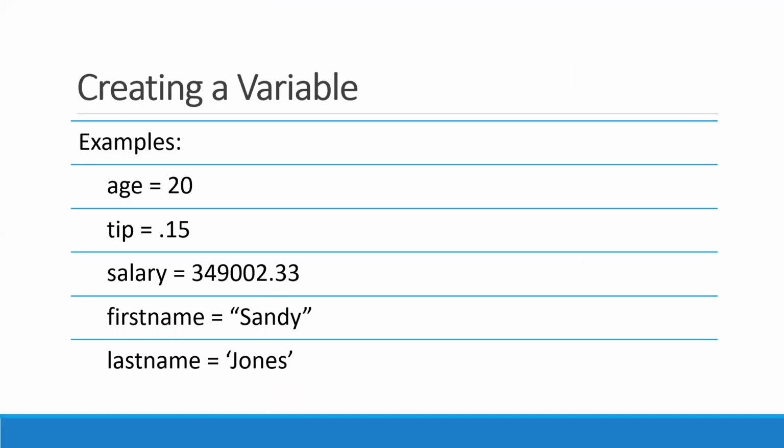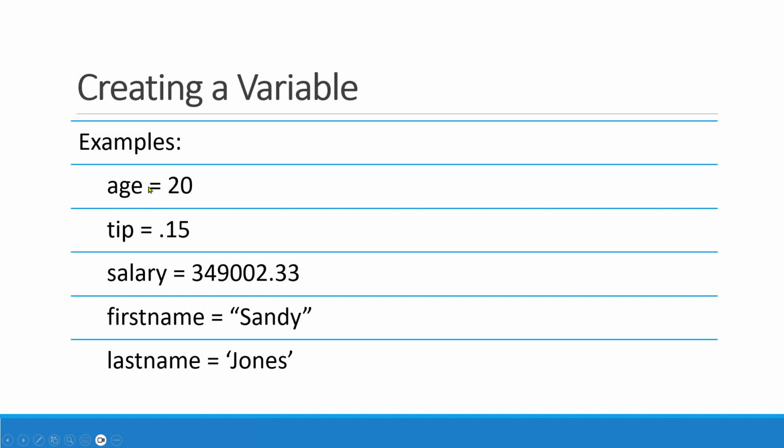Let's start with a simple example. Suppose we want to store someone's age in a variable. We can create a variable called age and assign a value of 20 by using the assignment operator, which is an equal sign. So you can see here on the slide, I have the variable name called age.